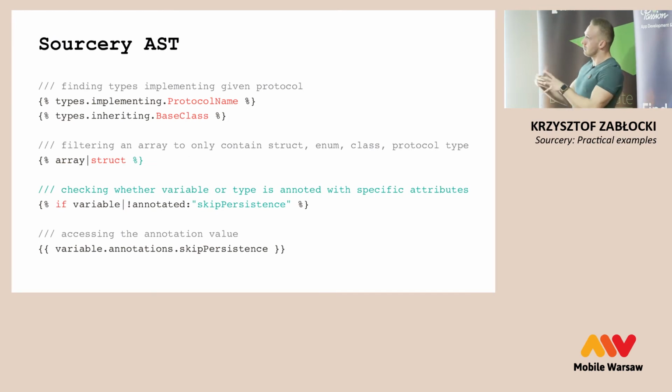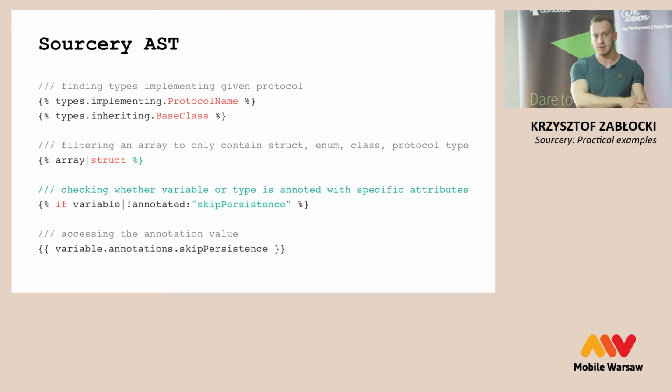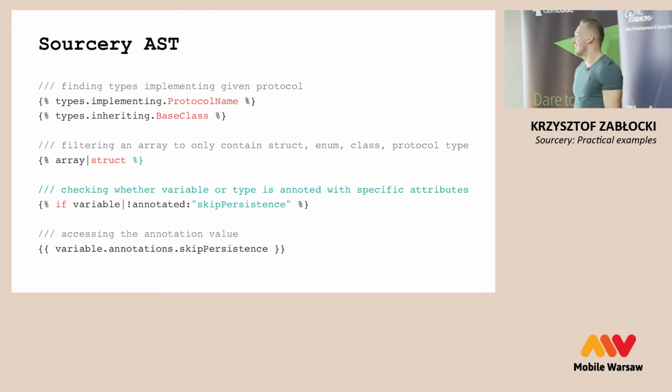The only other thing you need to know is what are the meta types that Sourcery gives your template to work with. Those are the four most important ones, which is the ability to access types based on whether they are implementing a protocol, whether they are inheriting from a base class, and the ability to filter the arrays.